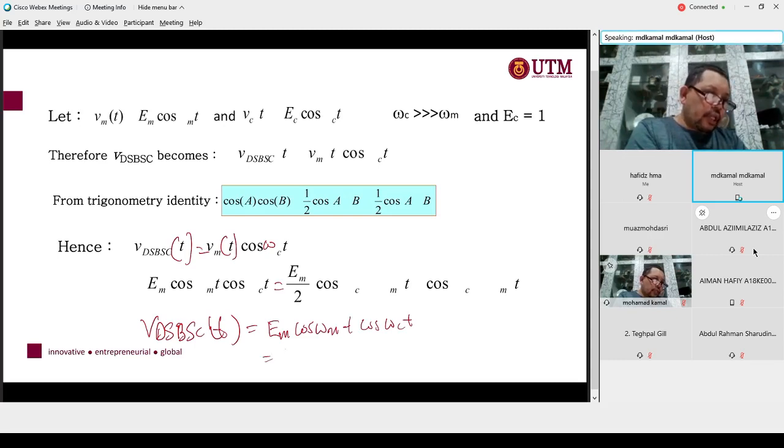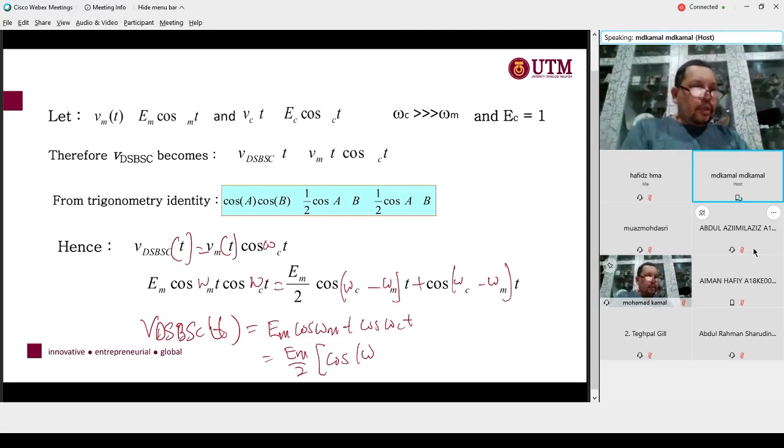This is equal to E_m over 2 times cos of (ω_c minus ω_m)t plus cos of (ω_c plus ω_m)t. So you can see that now there are two spectrum components here.